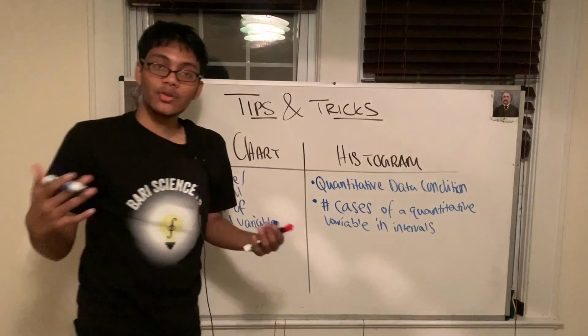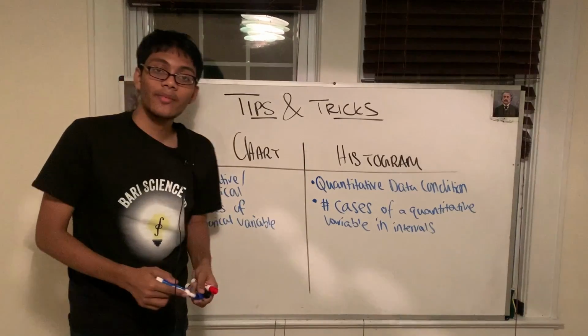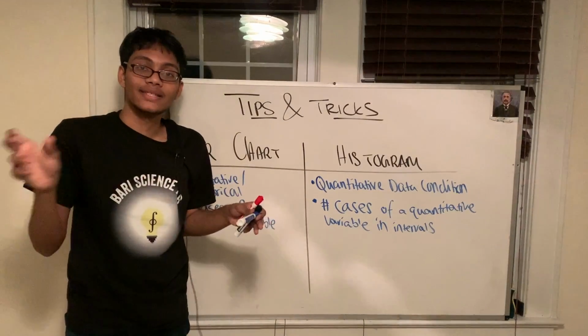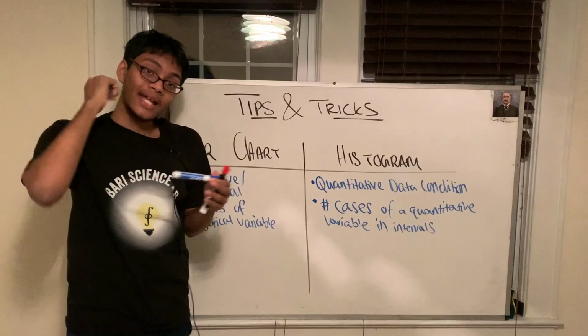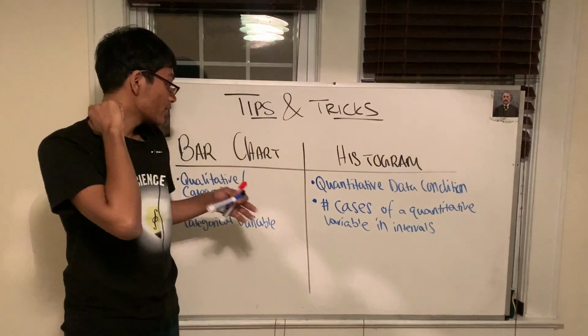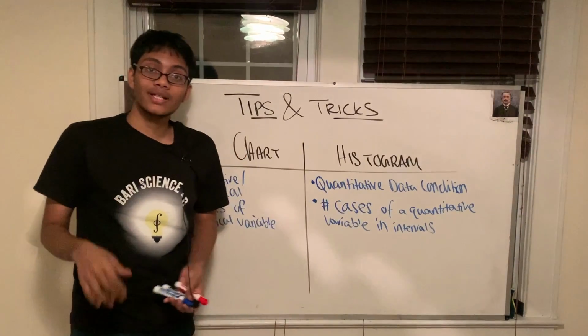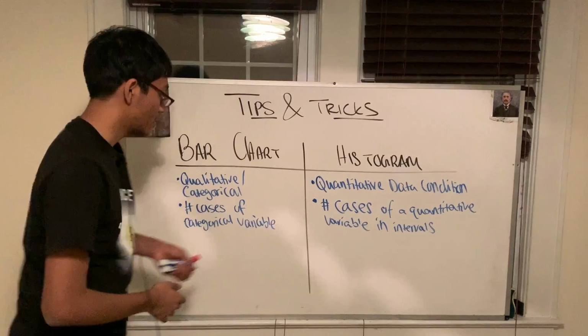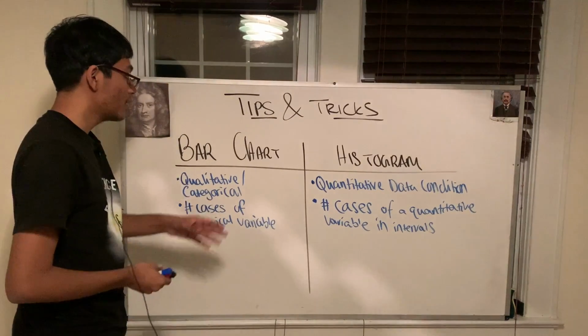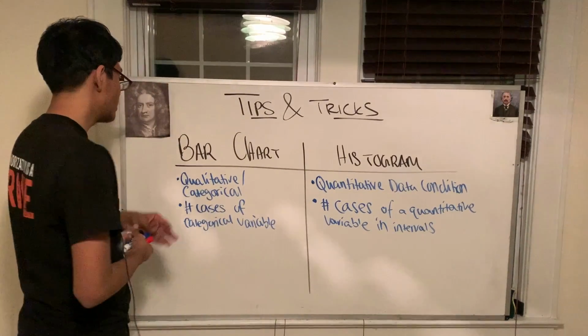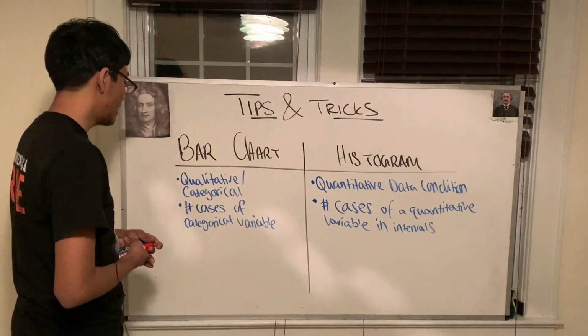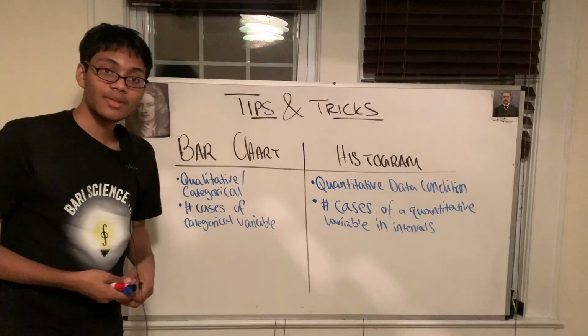Okay, so when you're using a histogram, you have equally sized bins, equally sized intervals, and in each of those bins, some number of cases of a quantitative variable falls in. Okay, so those are the two important points to make when it comes to using bar charts or histograms. Make sure you keep these in mind.